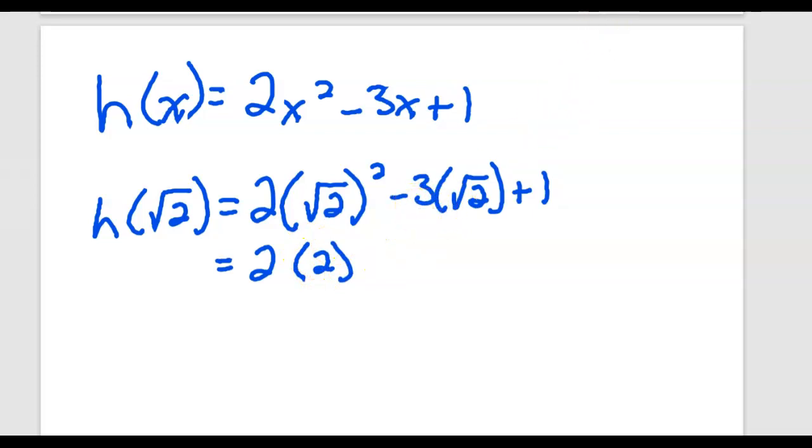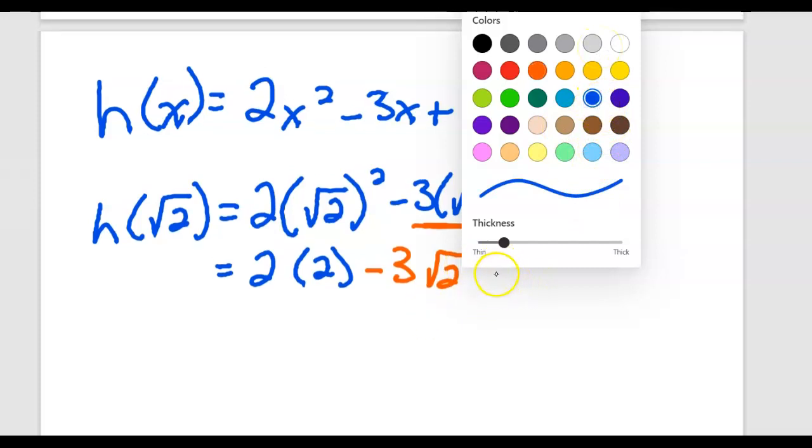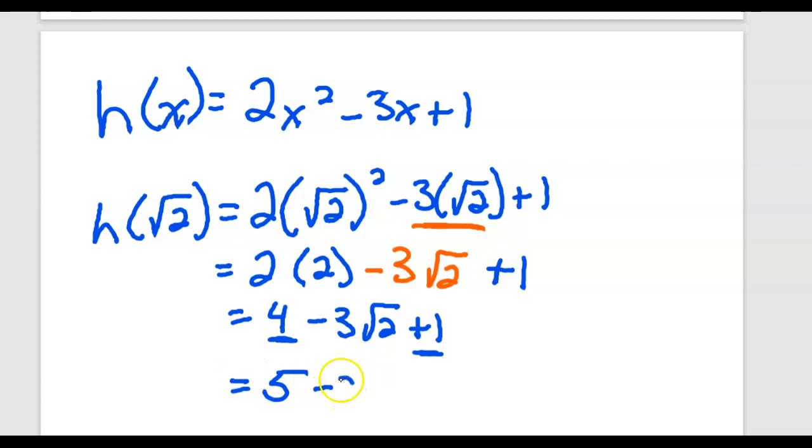Now, in this term, nothing can really happen. So I just get minus 3 square root of 2. That's all that can happen in that one. And then I get the plus 1. And so I get 2 times 2, which is 4, minus 3 square root of 2 plus 1. I can combine the 4 and the 1, so I get 5 minus 3 square root of 2.